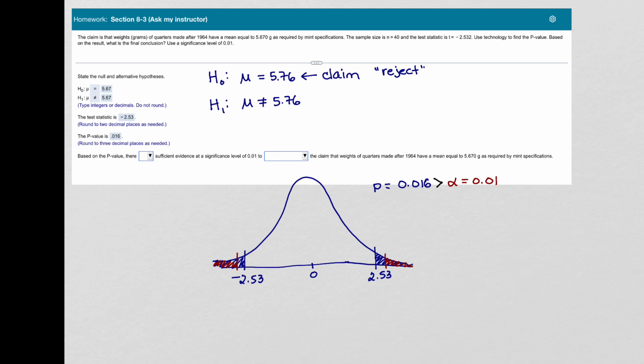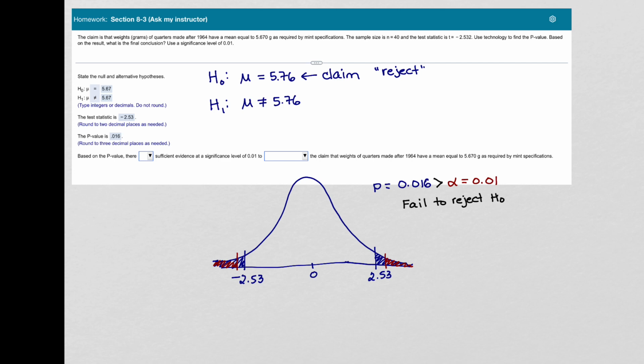And I'm going to say that since the p-value is greater than alpha, then I would fail to reject the null hypothesis.